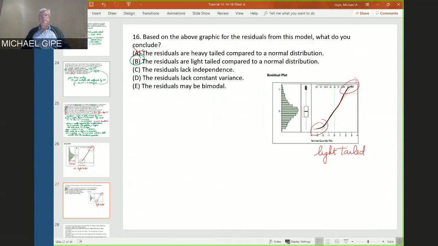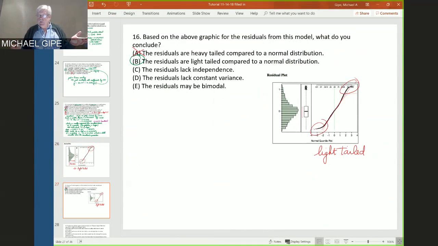How about the residuals lack independence? Well, we can't tell from a normal quantile plot of the residuals. We don't know. Are they independent or dependent? Don't know. How about the residuals lack constant variance? Well, we don't have a scatter plot here. If we had a scatter plot, we could see whether the cloud of data points spreads further out or becomes less spread out. We don't have that information. The residuals may be bimodal.